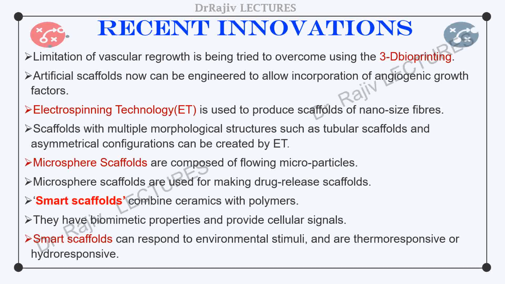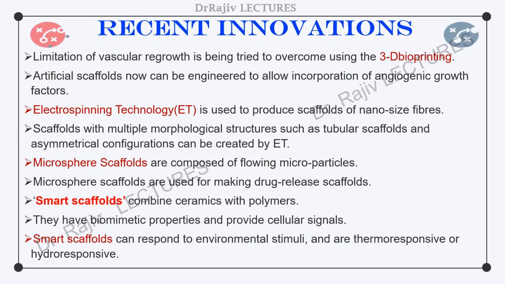The limitation of vascular regrowth in traditional artificial scaffolds is being tried to overcome using the 3D bioprinting technique. This technology allows the production of scaffolds that have pore size and diffusion characteristics needed to provide the necessary cellular signals for cell differentiation, proliferation, and migration.